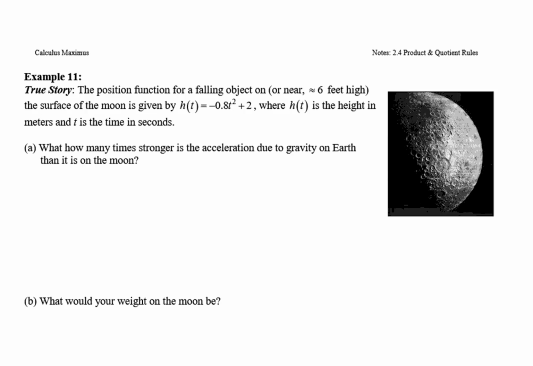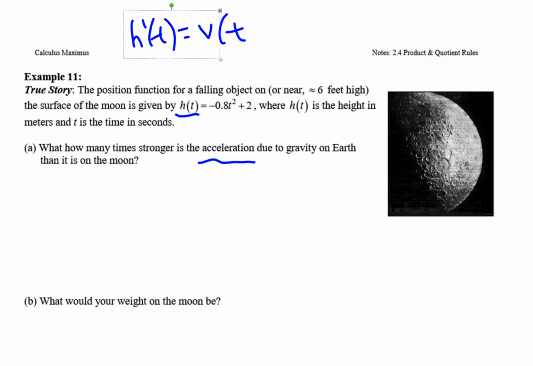Okay, last problem here. So we're trying to figure out how many times stronger is the acceleration due to gravity on Earth than it is on the moon. The position function, h of t, is given. So remember that h prime of t gives us velocity, and h double prime of t gives us acceleration. So the acceleration due to gravity, we have to find the second derivative.